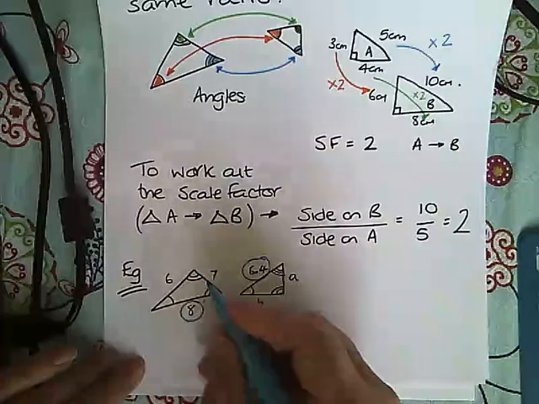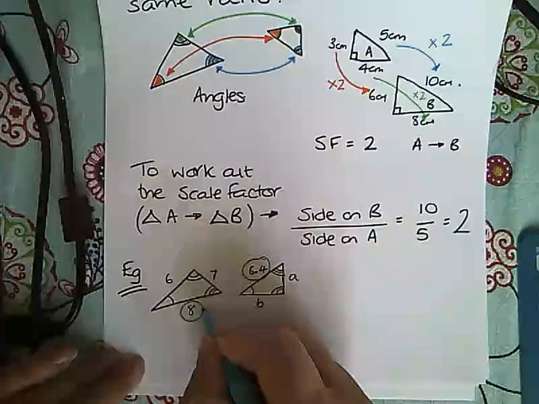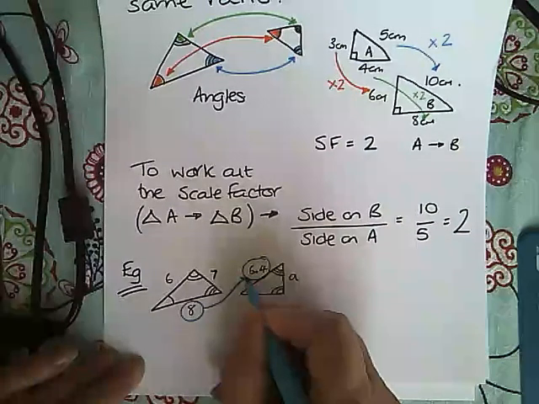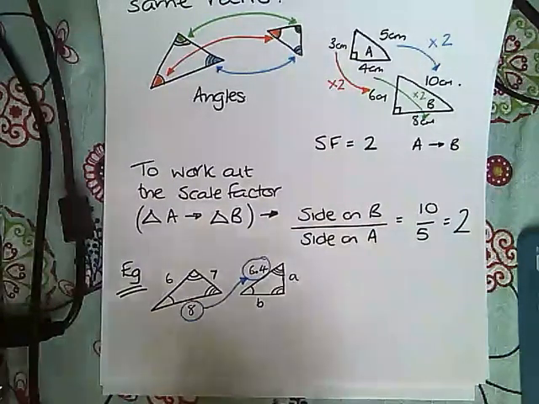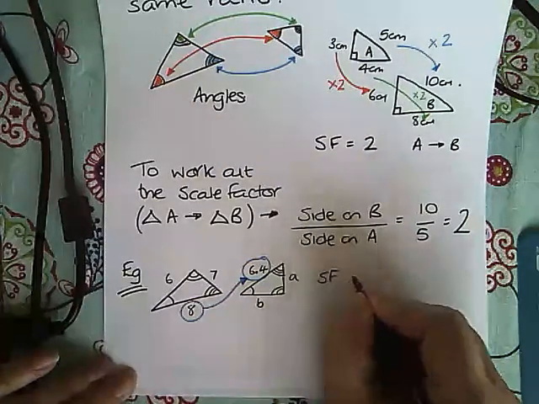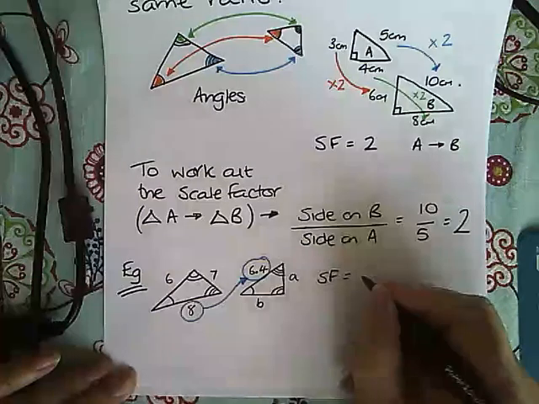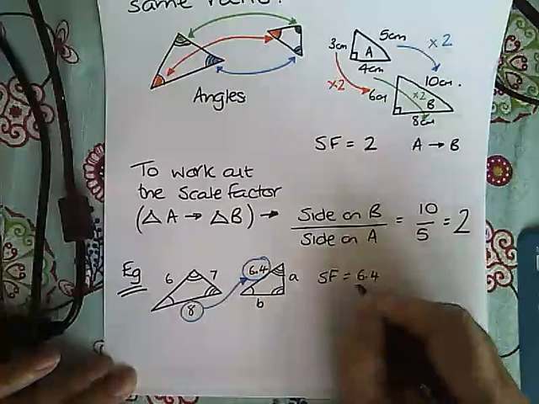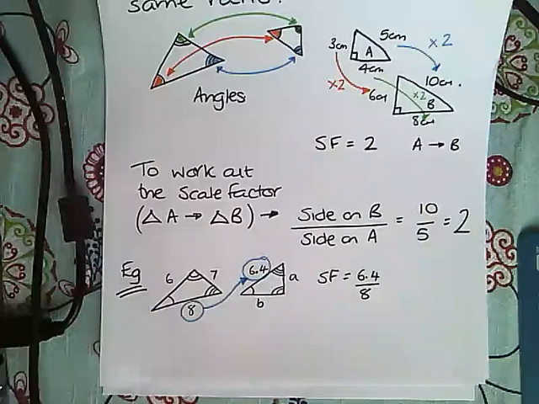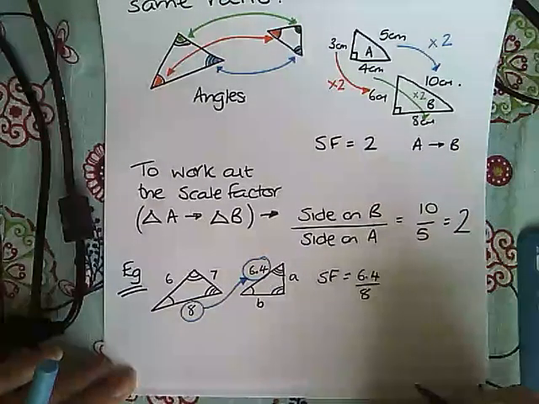Okay, so I am going to go from this triangle to this triangle, and if I worked out my scale factor, it would be the number I was going to, 6.4 over 8. If I was doing this on a calculator paper, I wouldn't need to change anything in order to do that. I could just use this in my calculator.